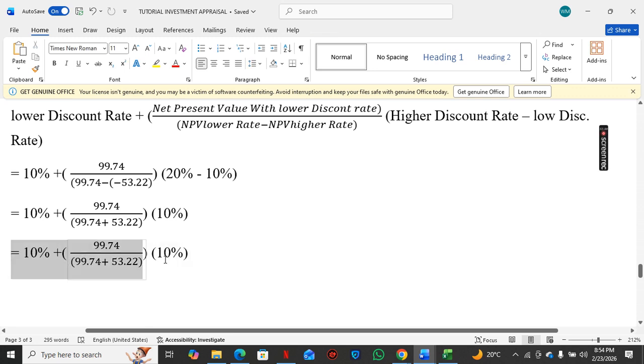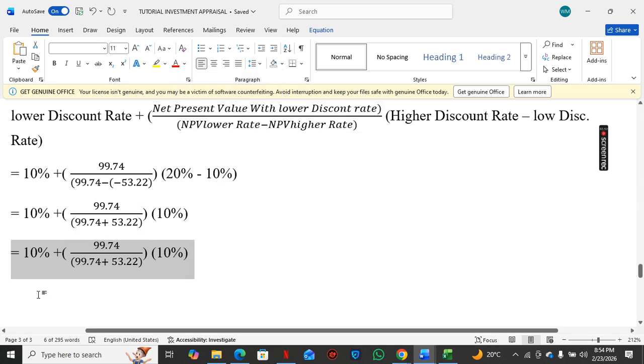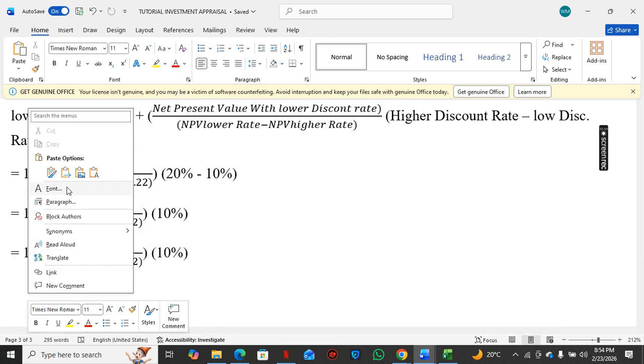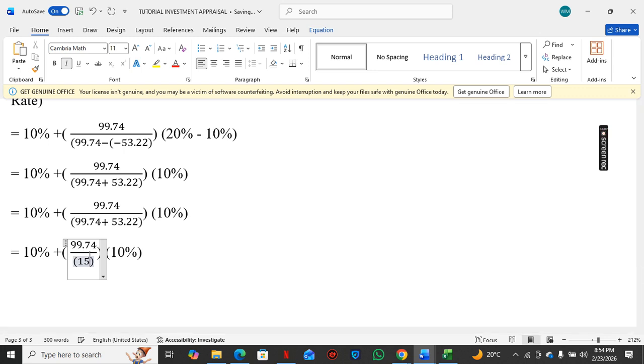This is how you show your workings in the exam. When they say show all steps, this is what they mean. 152.96.